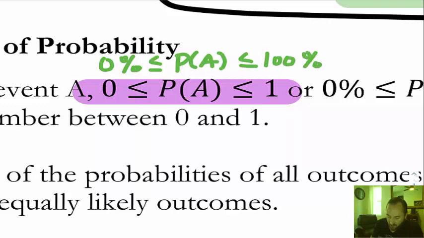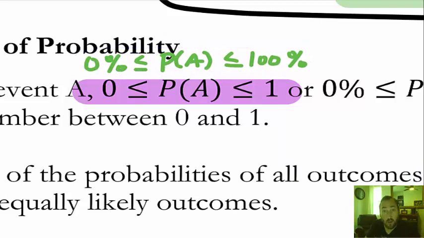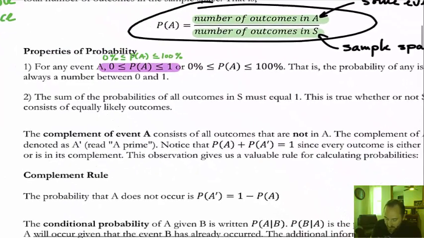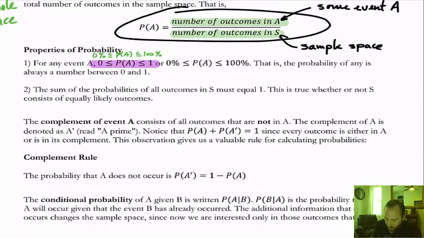You could never have a probability that is negative or above 1, or in this case, less than 0% or more than 100%. Those are our bounds for measuring probabilities. So we'll consider that when we look forward, especially into chapter 4. And another point here is that the sum of all probabilities must be equal to 1. We'll pick up that topic more when we get to chapter 4.